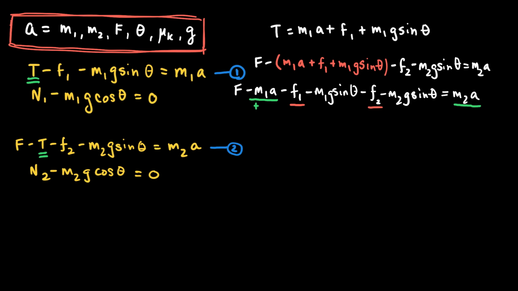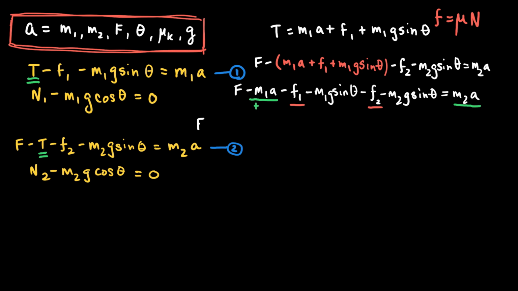Let's remember in general that any frictional force, lowercase f, is given by the equation mu, the coefficient of kinetic friction, times the normal force N. So in this next step, I'm not only adding m1a to the right-hand side, but also substituting in an expression which contains mu times N for F1 and F2.